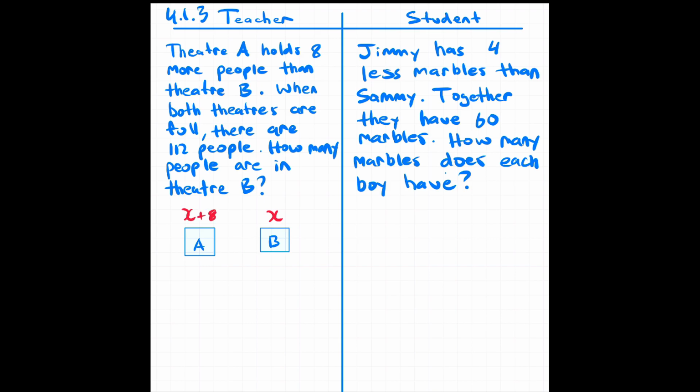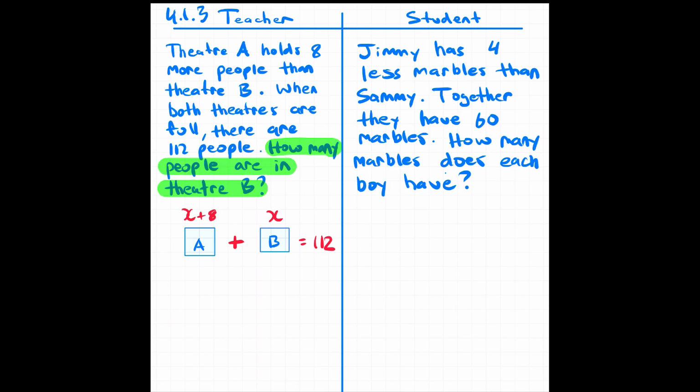There's 8 more than B. Okay, and it says when both theaters are full, there are 112 people. So when I add all the people in both, we have a total of 112. Okay, and the question is asking us how many people are in theater B.